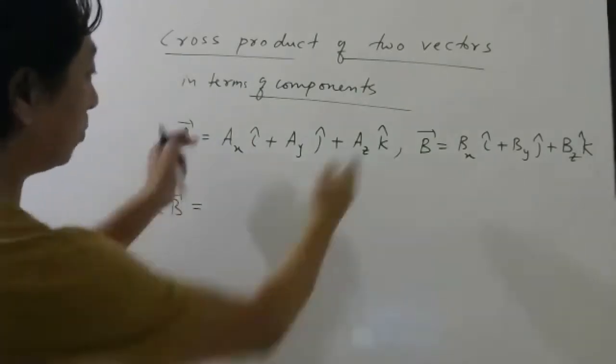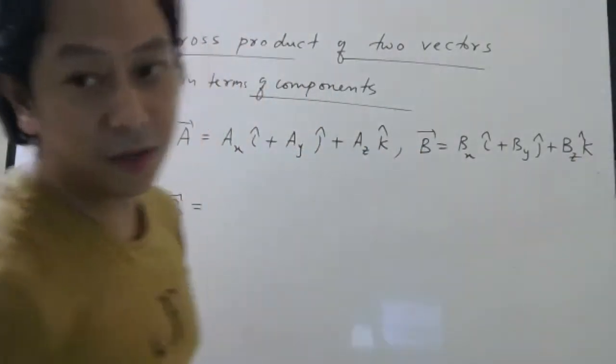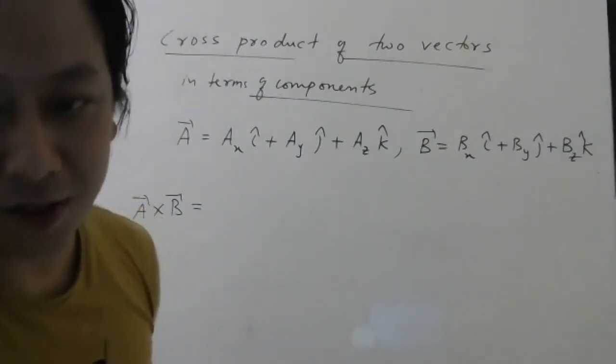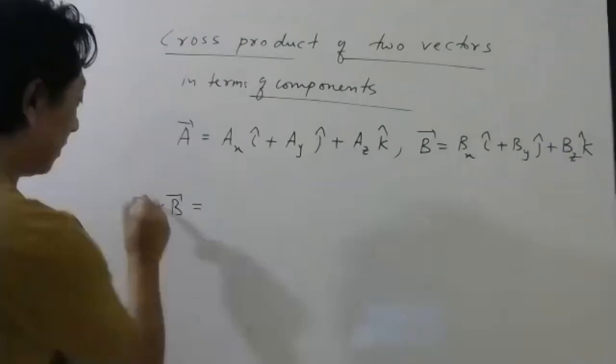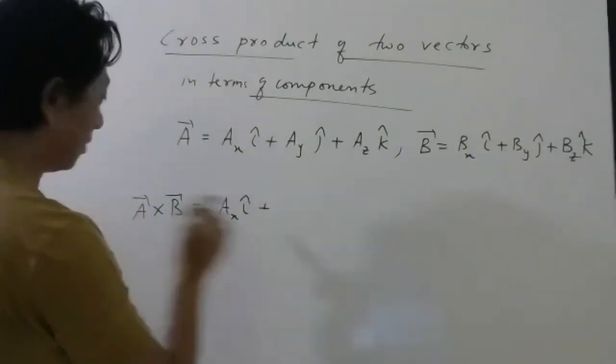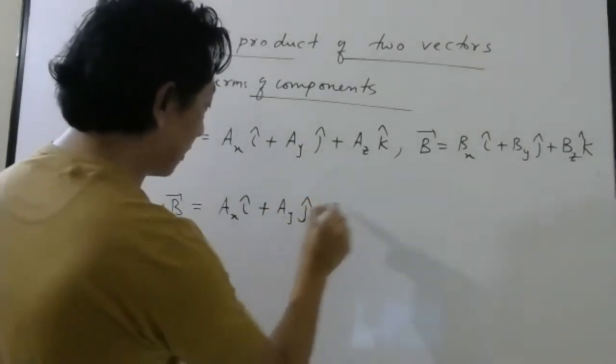Now here, when you substitute this and take the cross of this, again 9 terms will come. Some of them will be 0. How many terms will be 0? Can you tell?